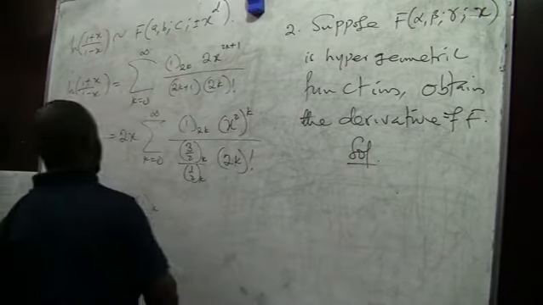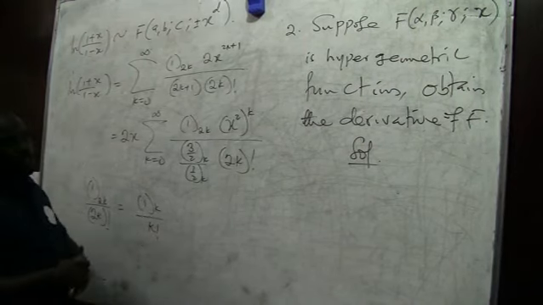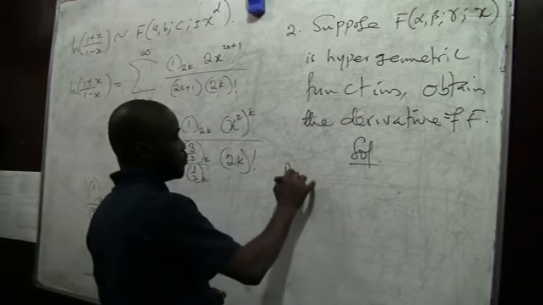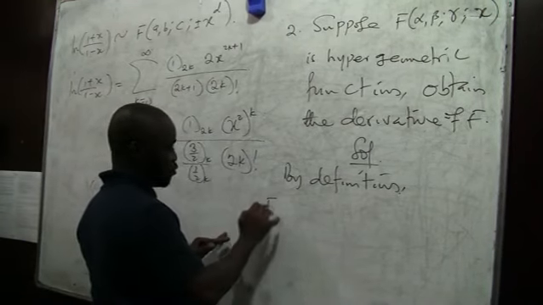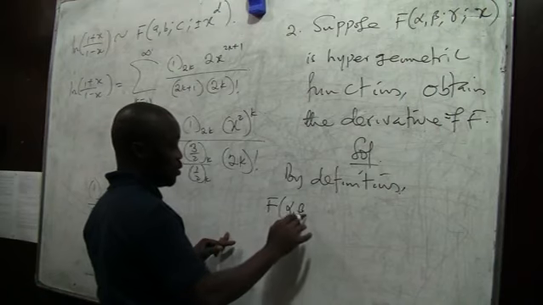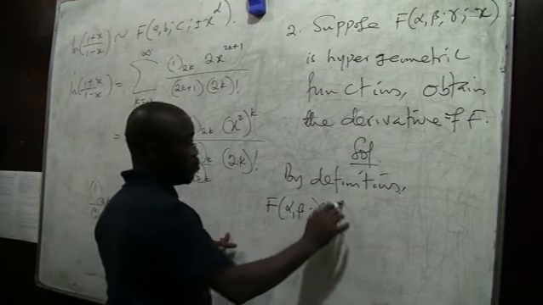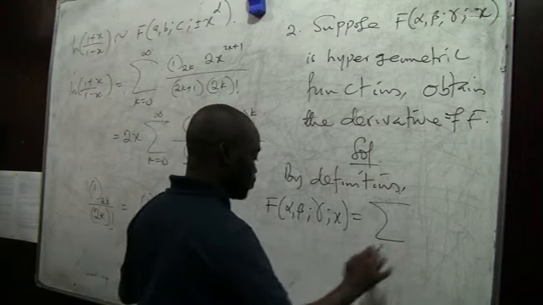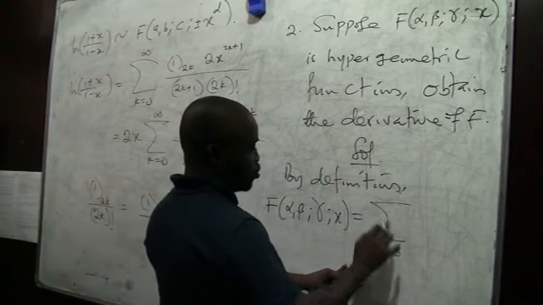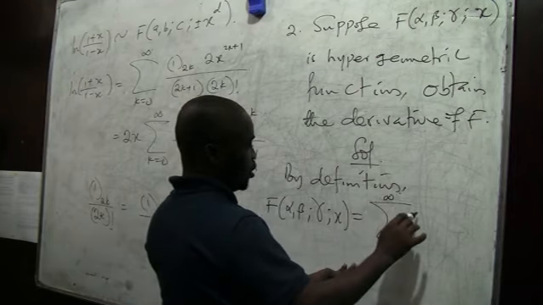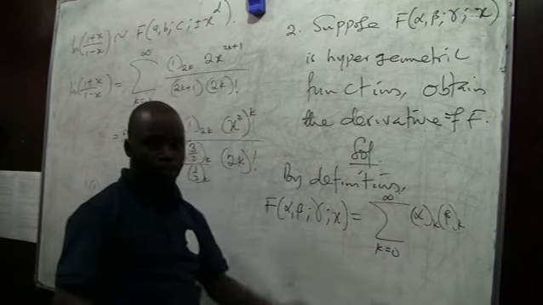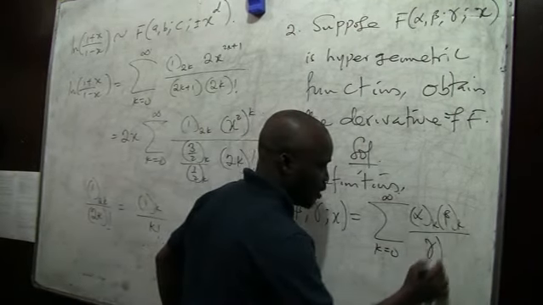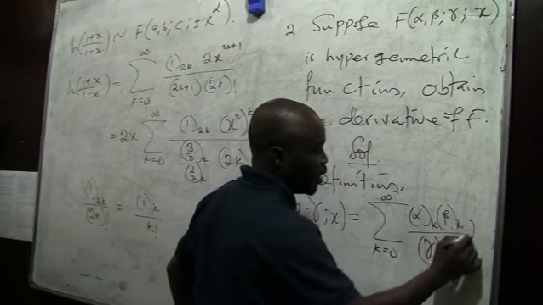How do you obtain the derivative of F? We are going to start from first principles. We start from the definition. By definition, we know that F(alpha, beta; gamma; x) is the same thing as summation k from 0 to infinity of (alpha)_k (beta)_k divided by (gamma)_k k factorial times x raised to the power k.